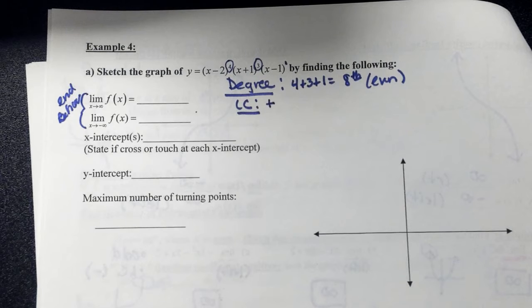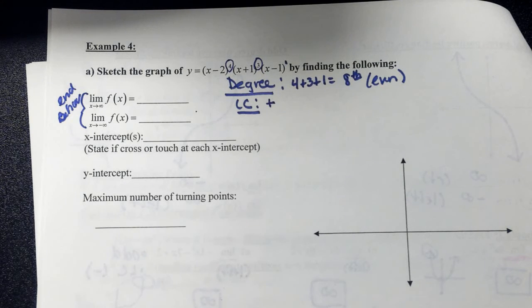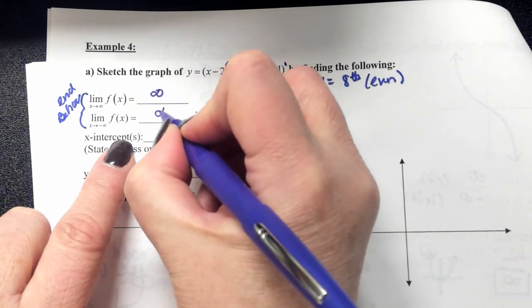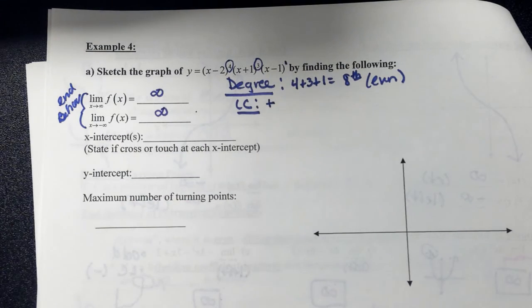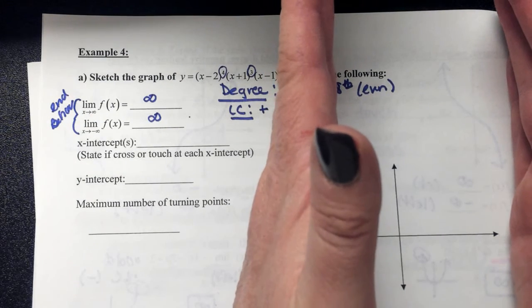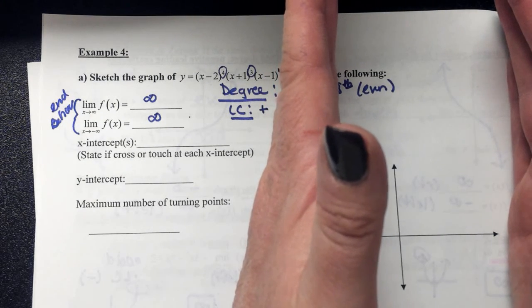What's going to happen with the end behavior of an even degree polynomial function where the leading coefficient is positive? They're both going to go up. So the limits as x goes to positive infinity and negative infinity are both infinity. So when I finish constructing my graph, the left and right hand side of this graph better be pointing up. Okay? Are we good so far?